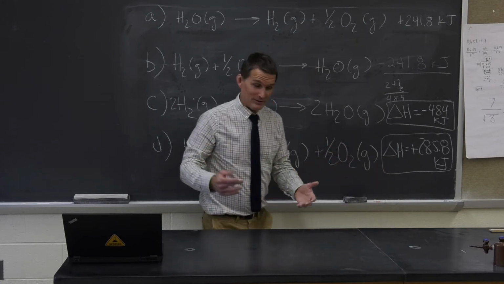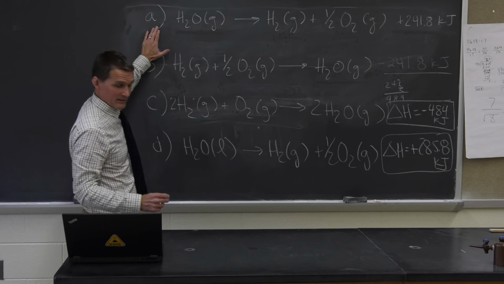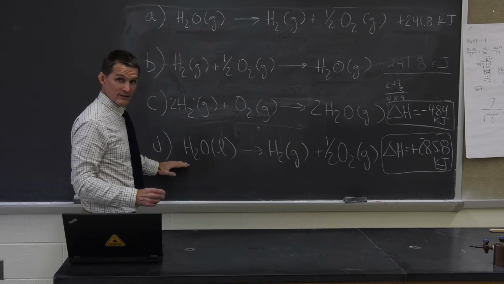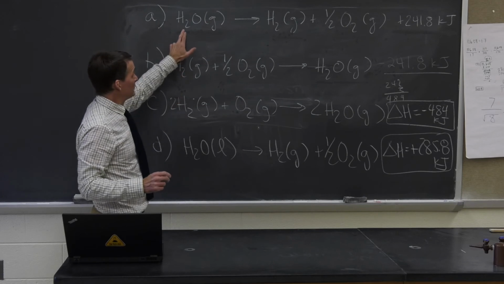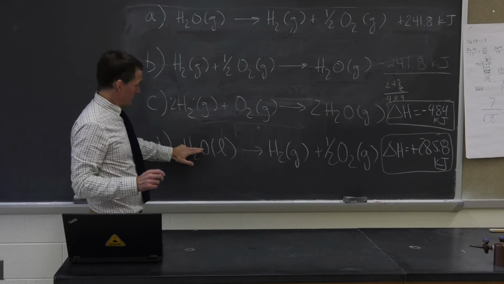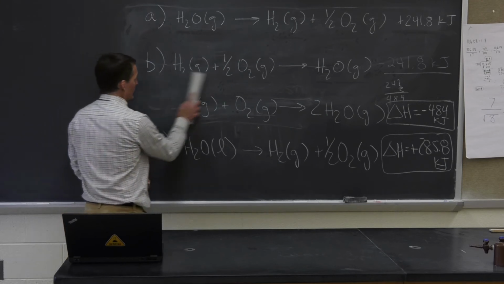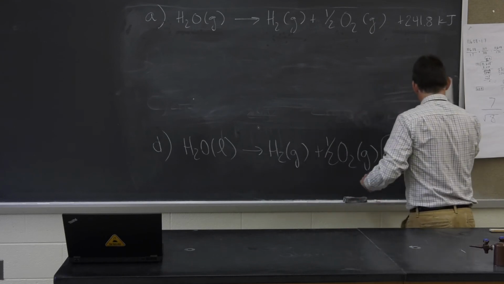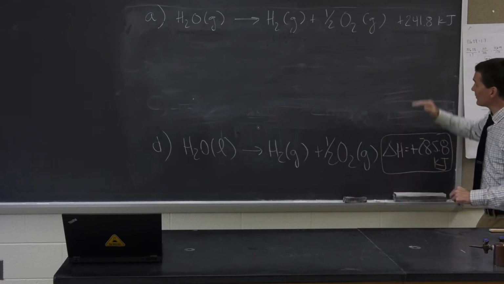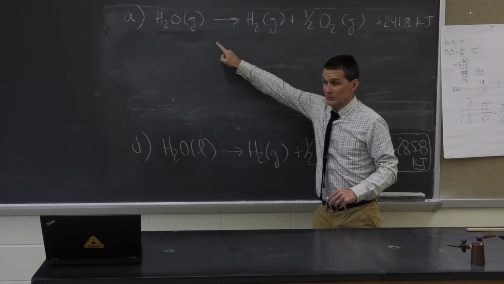What's interesting about this is we can actually find, by using this equation here and this equation here, the energy it requires to boil or condense water. Watch the way this will work. First, let's just recognize that this enthalpy change is different than this one, again, because here we're starting with a liquid, and here we're starting with a gas.